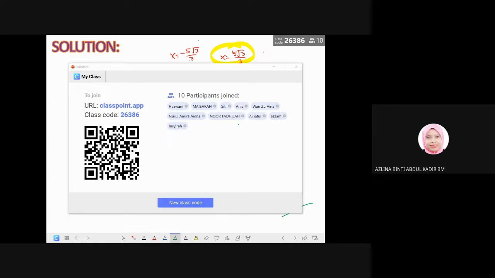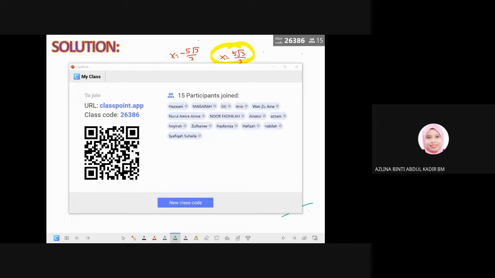Kalau masuk class point, maksudnya awak tak nampak ke Google Meet? Tak nampak tak? At least 15 participants join.